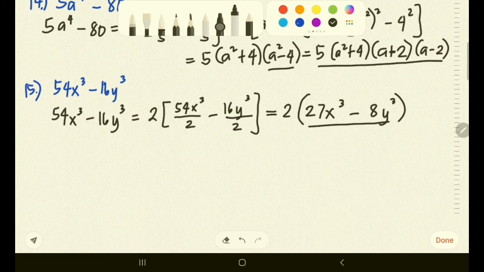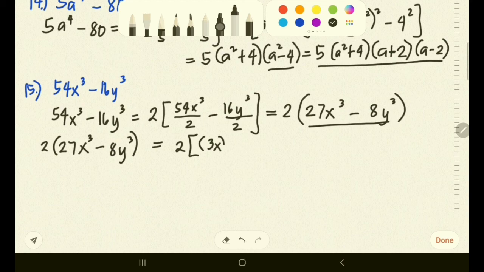So, we'll continue here. 27x cubed minus 8y cubed. So, first express each term the power of 3. So, (3x) cubed minus (2y) quantity cubed.